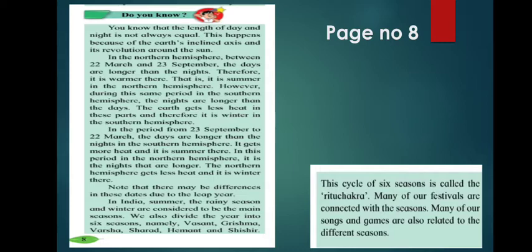See, the earth is tilted, no? It is on an axis. It is not straight, it is slightly tilted. In the northern hemisphere, between 22nd March and 23rd September, the days are longer than the nights. They are talking about the northern hemisphere.